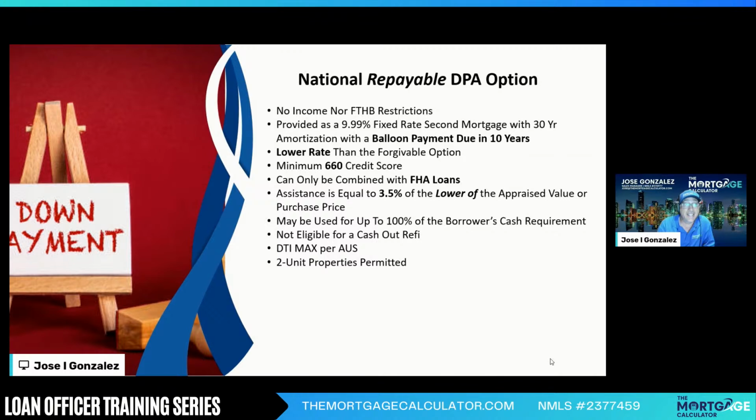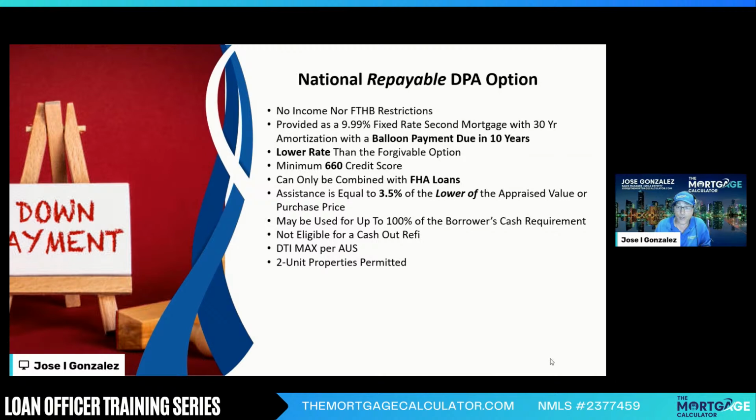The assistance is provided as a fixed rate second mortgage at a 9.99% interest rate with a 30-year amortization, but a balloon payment due at the end of 10 years. So at the end of the 120th payment, the loan is due.